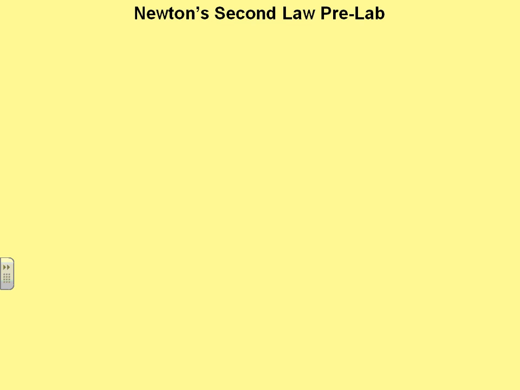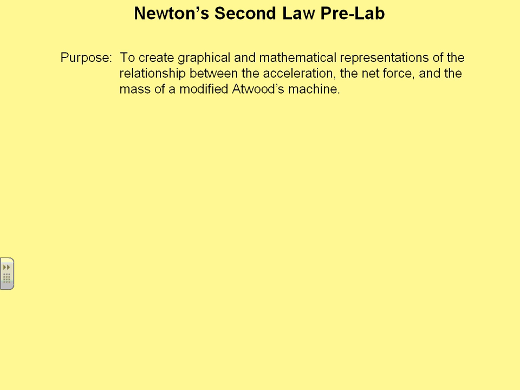So the purpose of this lab will be to create graphical and mathematical representations of the relationship between the acceleration, the net force, and the mass using a modified Atwood's machine, our first three-variable lab. In other words, we should end up with an equation at the end of this lab that has acceleration, net force, and mass in some combination. That combination will be predicted or developed through the lab.